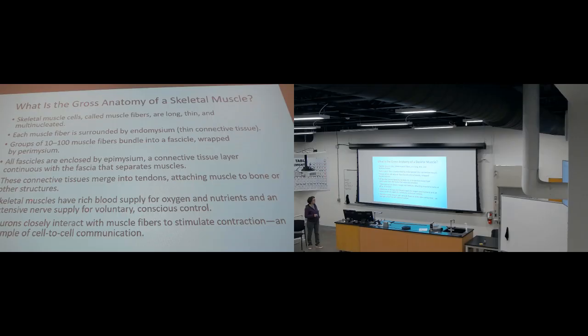And as well, muscles have extensive nerve supply. So you have a lot of nerves that control the contraction of these muscles. And then certain muscles have more nerves than others, and they will be the ones used for fine movements, like our fingertips.